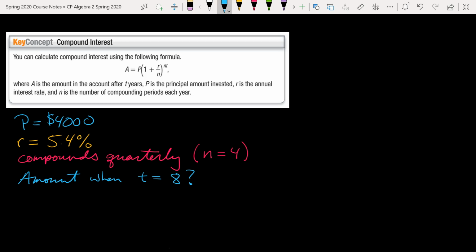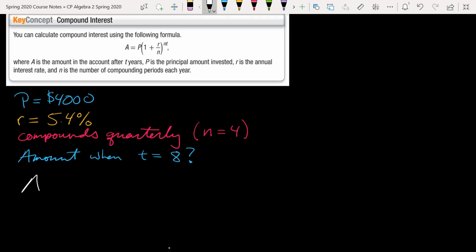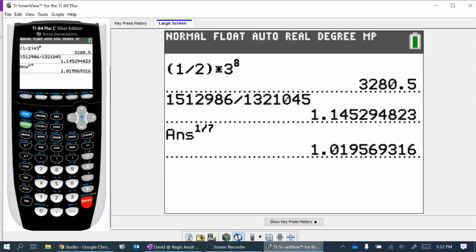And we can just use the equation as it appears. Make sure that you put that rate in there as a decimal. That's the number of times a year that it compounds. And we're 8 years into this process. Now this really just becomes a calculator problem. So we had our principal.